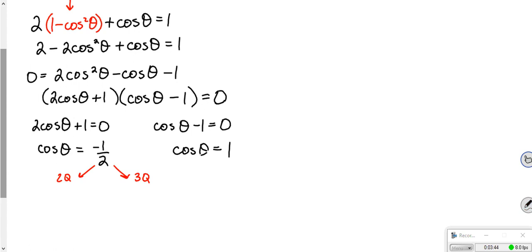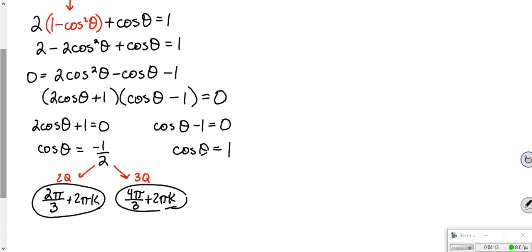And again, we have to use those cyclical answers with the 2 pi k because we have to account for every possible solution. So this is going to be 2 pi over 3 plus 2 pi k. That's one of my answers. In the third quadrant, it's going to be 4 pi over 3 plus 2 pi k.